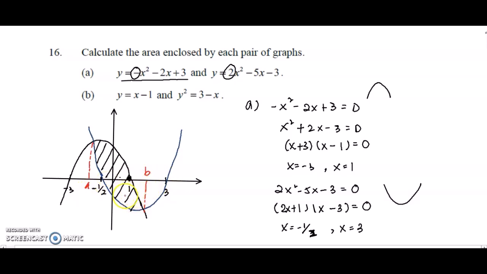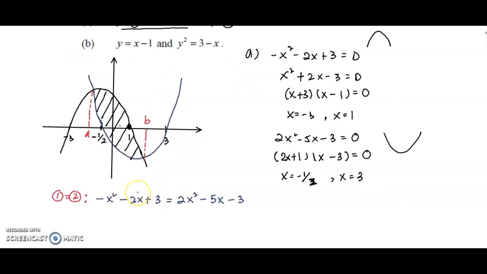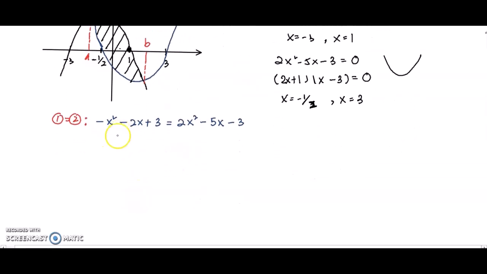To get the intersection points, again, I will take this as equation 1 and this as equation 2. Then we equate them, solving the simultaneous equation. Now you can see that I have equated them together and made it one equation. So now we try to simplify it. We move everything to one side.